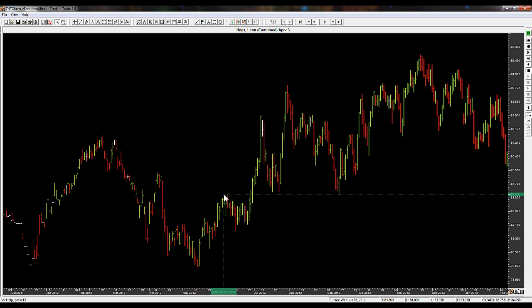Now, the concept of a test and retest occurs best when the breakout is fresh. As the market continues in the direction of the breakout, it starts to slow down a little bit and become a little less predictable. But when you get an early breakout, then that's usually a very good opportunity.